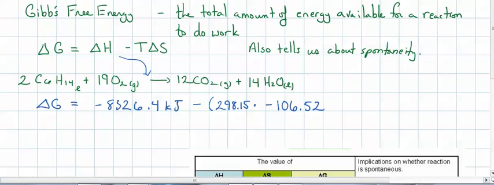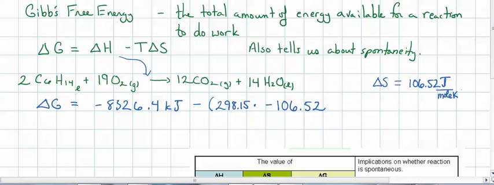106.52. Now we have to be careful here. The delta S of this reaction is 106.52 joules per mole K, not kilojoules. So what we're going to do is change it to kilojoules.